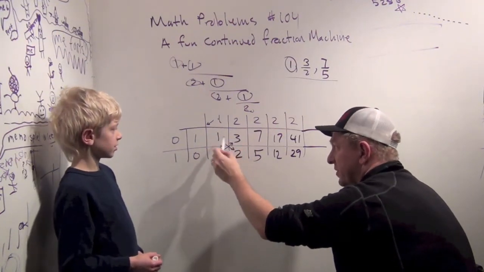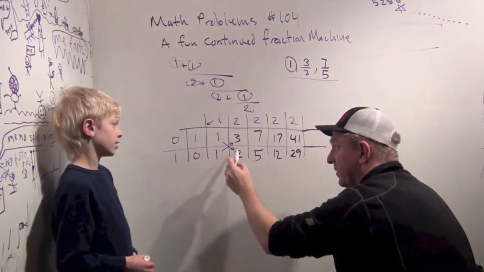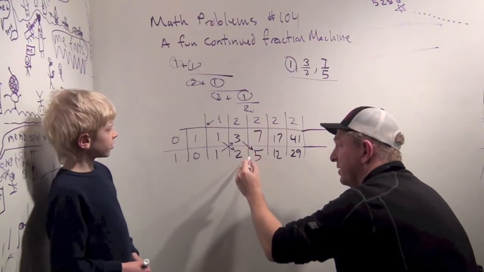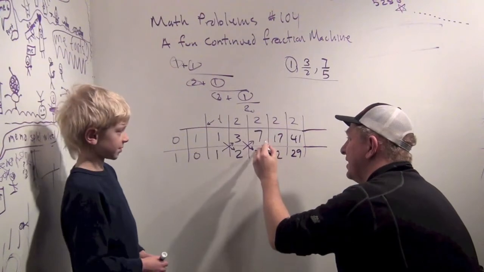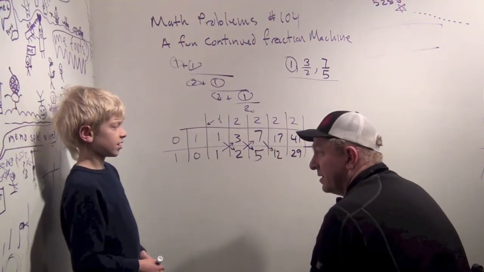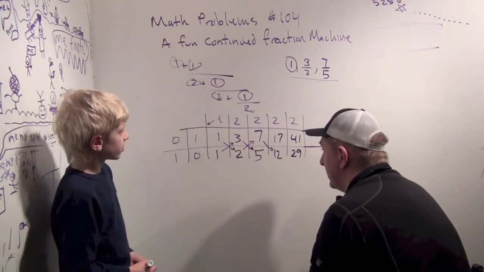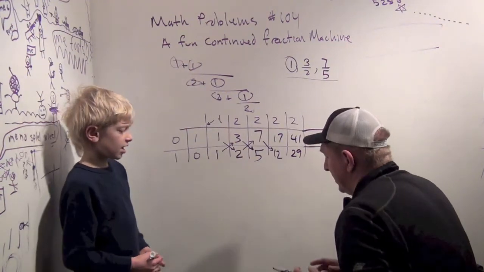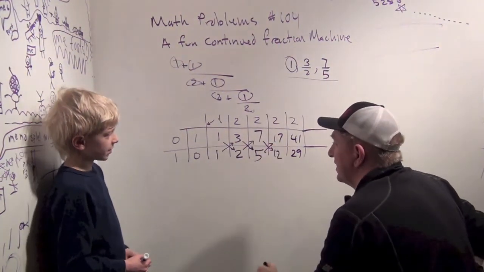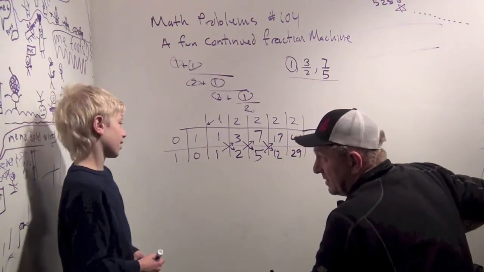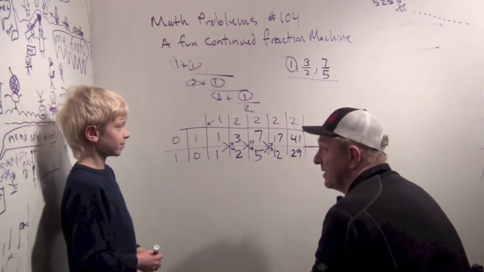Those differ by 1. Now 3 times 5 is 15. 2 times 7 is 14. 7 times 12 is 84. Do you know what 5 times 17 is? I don't think it's 85.